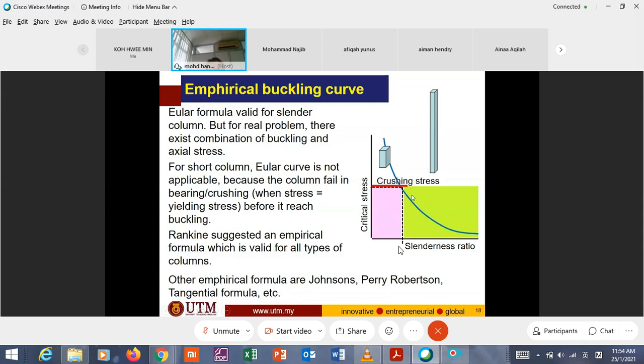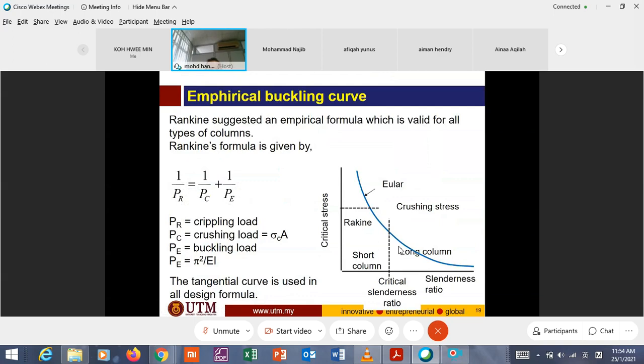Now in this case, we use two formulas, the Euler formula and the yield formula. Now we try to find a single formula that can be used continuously from short column to long column. Short column and long column.